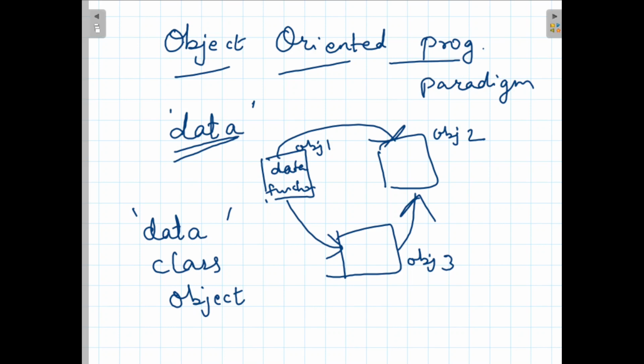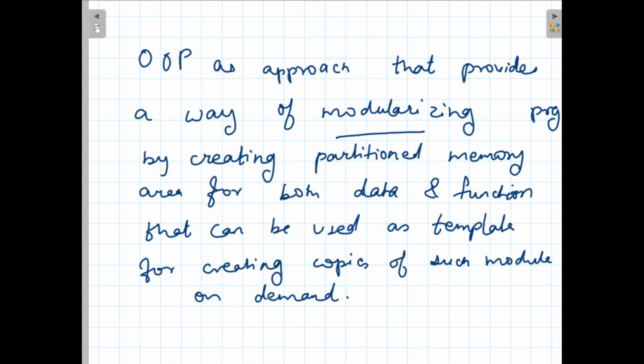So you can say that in this approach of object oriented programming, the more emphasis is on the data. You are going to use the modularizing way of creating partitioned memory for both data and functions, which is going to act as a template for creating copies of such module on demand.